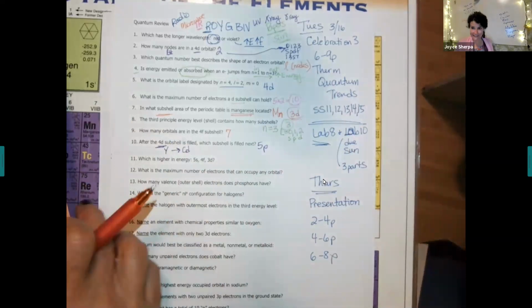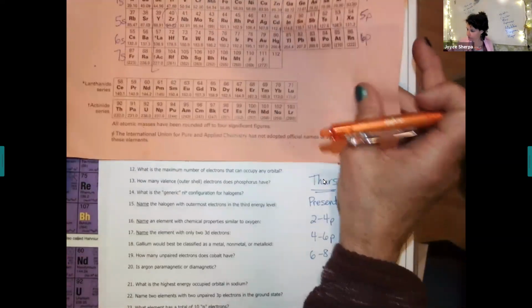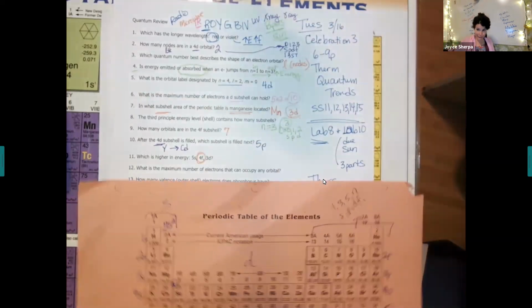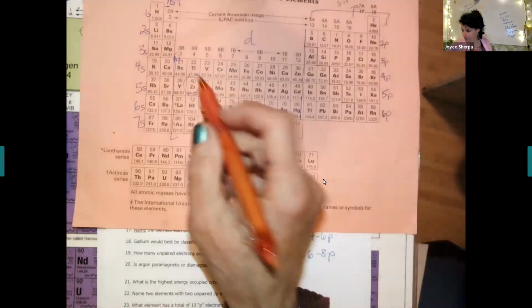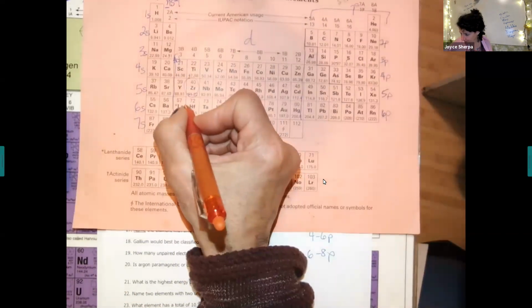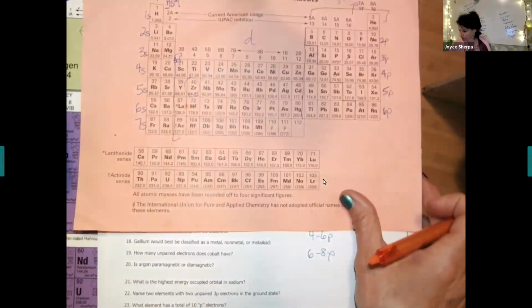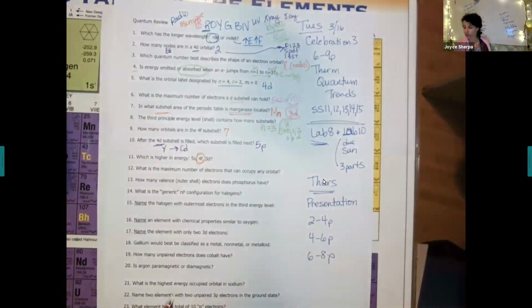All right, which is highest? You look at your periodic table. Actually, this one's pretty easy, the 4F. So there's 2 ways. One is with your periodic table, 3D is here. The 4F is technically here. So remember, it's not actually down here. It would just make the periodic table super long. And so whichever one comes furthest on the periodic table.